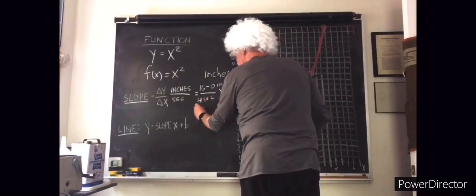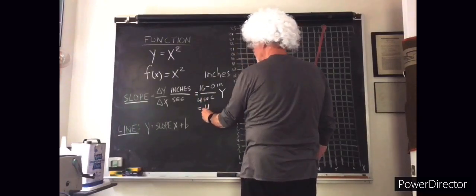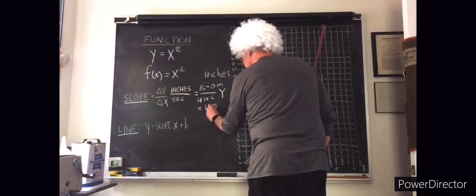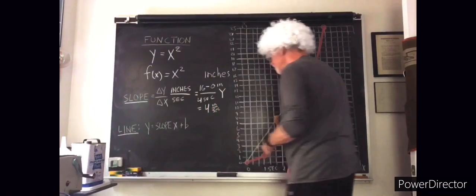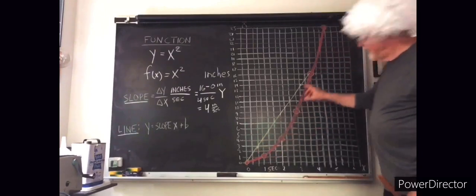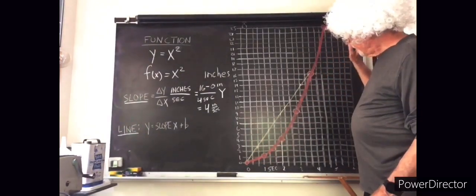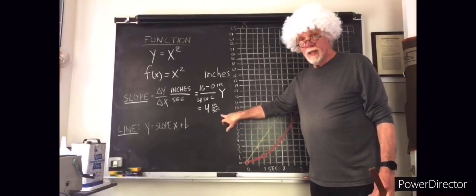And that is equal to 4 inches per second. Well, that's the average speed between these 2 points. The cart was averaging 4 inches per second.